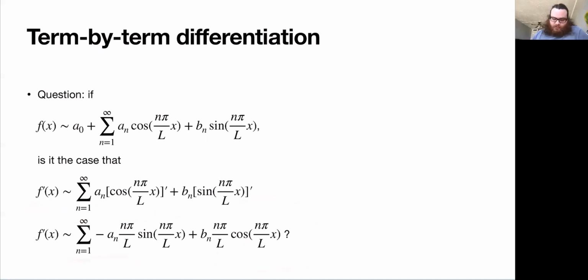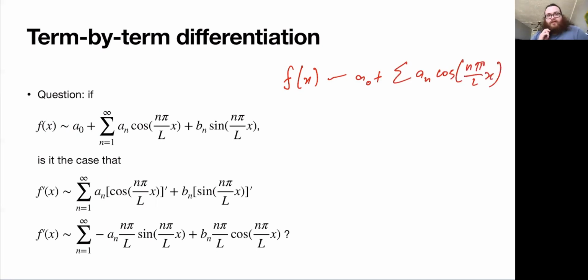So one observation before moving on and talking more about these Fourier series: suppose, let's just focus on the cosine pieces, you have a cosine series like this.